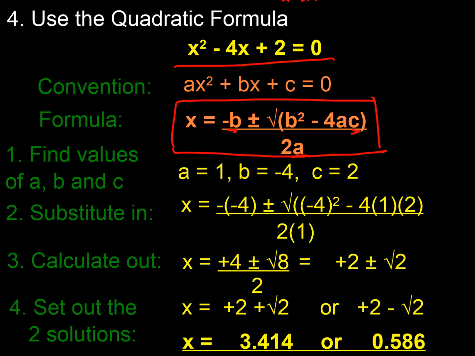Well, they come from the standard format of our quadratic, and these are the coefficients of the x squared, the x value and the units, and we're going to match them up. So here in the first one, a's got to equal 1 because that's 1 times x squared, isn't it? b is going to equal -4, and c is going to equal 2, so we write those out there, and then we substitute them in.